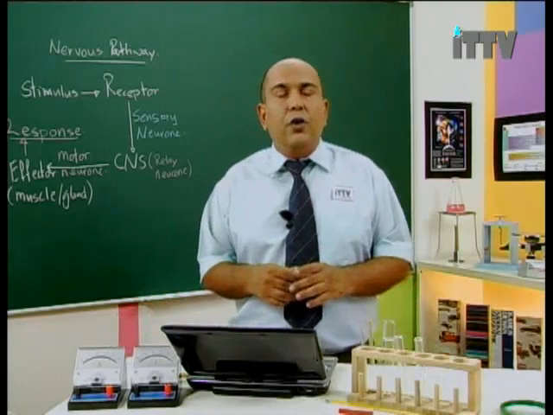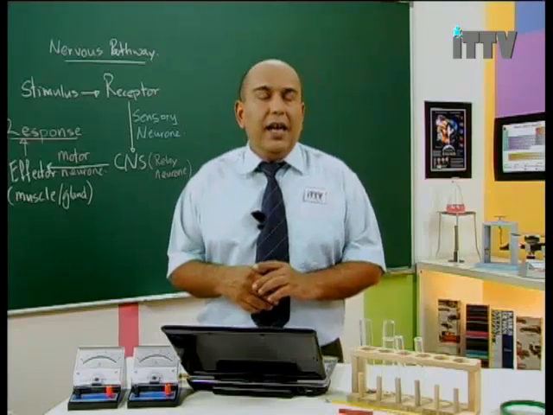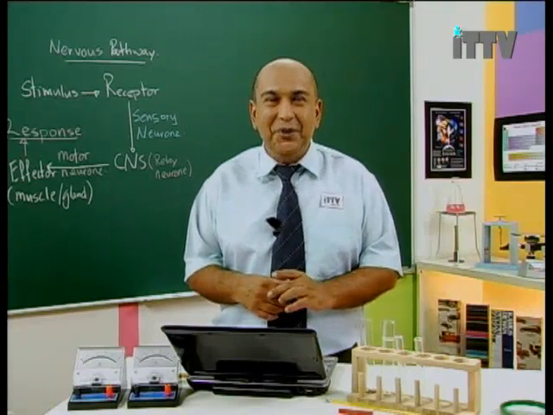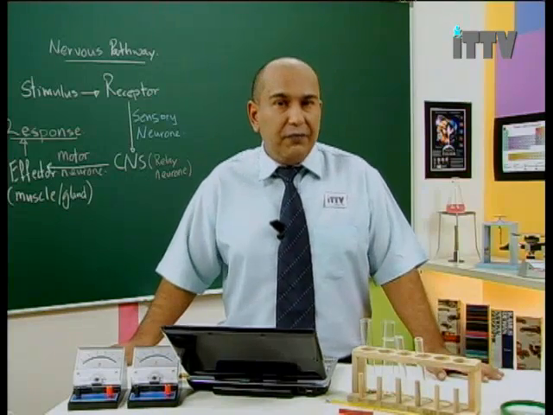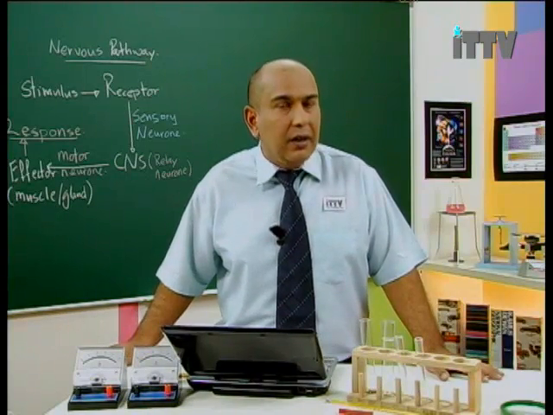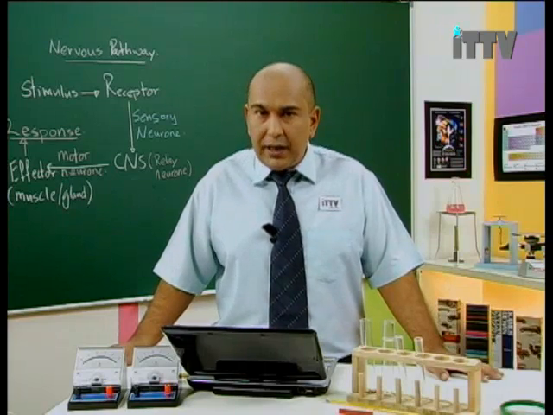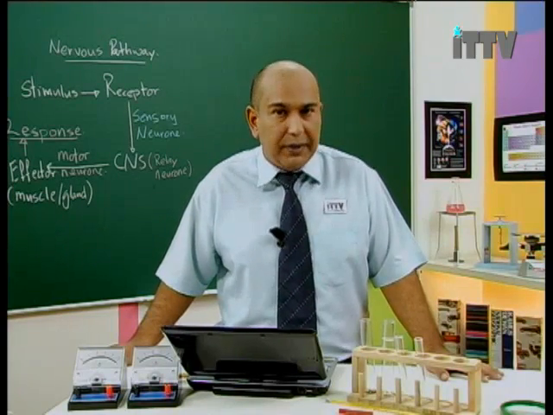So this is called a reflex arc. And I'm very sorry to say this to you, but you must be able to draw and label a reflex arc as part of your examination requirements.